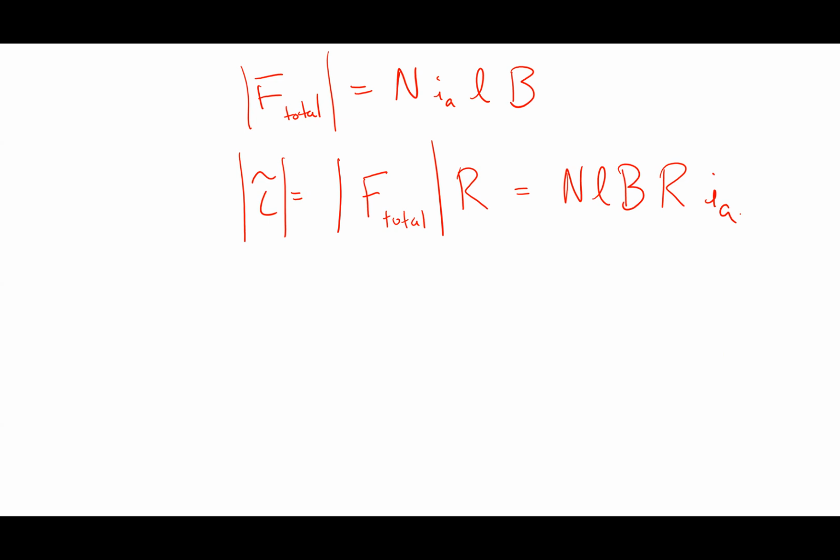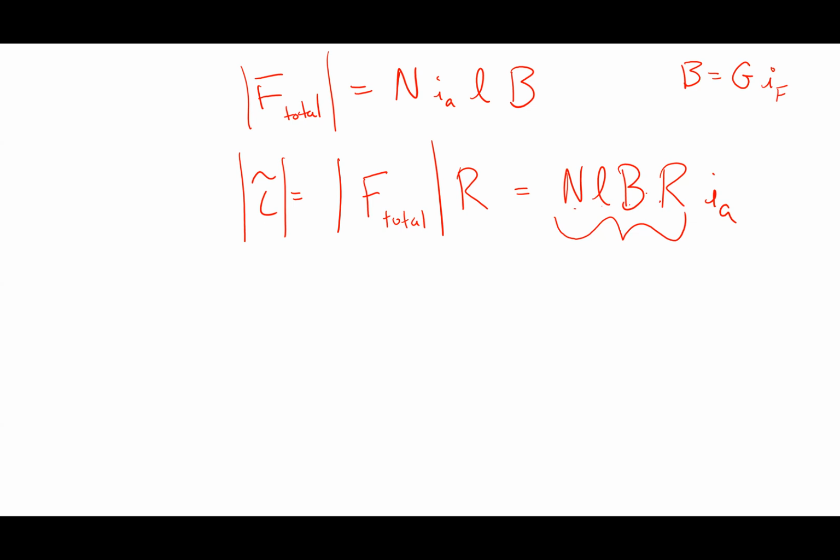Now, I moved the I A around on purpose, because when I look at this, N, L, B, and R, with the caveat that B is some constant times I F, maybe, what's true about these things when I'm operating the machine? They don't change, they're constant.